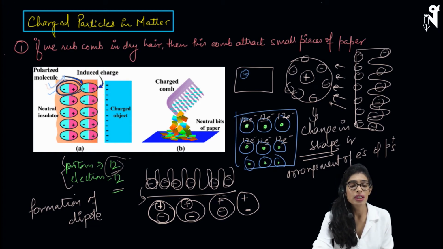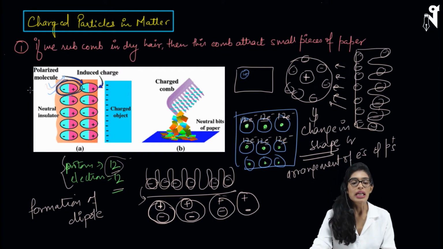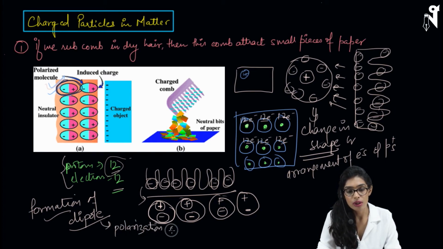This is a dipole, and the rearrangement of electrons and protons in this manner is called the formation of dipole. It is also called polarization of a molecule or atom.